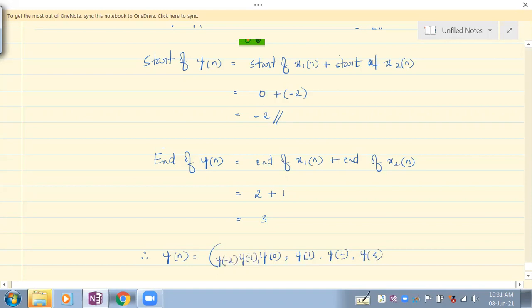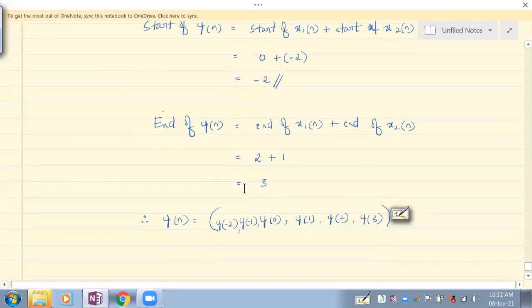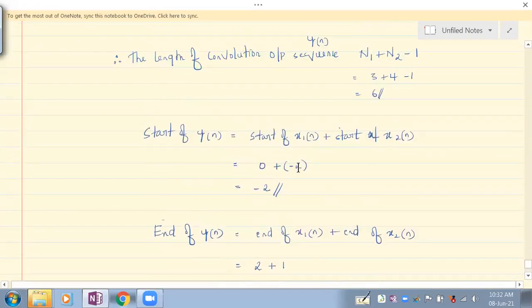It starts at -2 and ends at 3. This is how the sequence should look. So this is the n equal to 0th sample. This is the homework we should do before we start with the actual solution. Understand that?